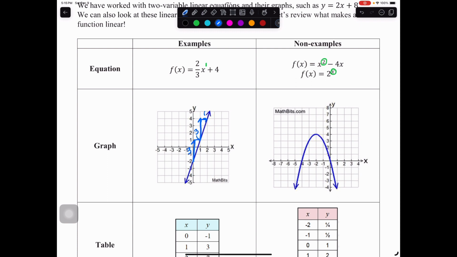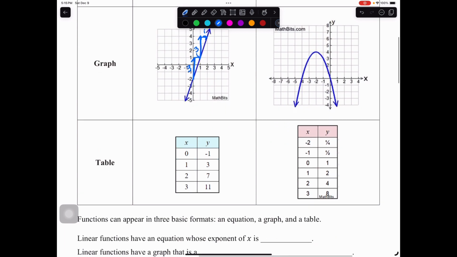When we look at the graph on the right, you can tell that it's not a linear function because of the curved shape. We're definitely not going to have a constant rate of change here. The slope between the points is not going to be the same. It's going to depend on what interval you're finding.